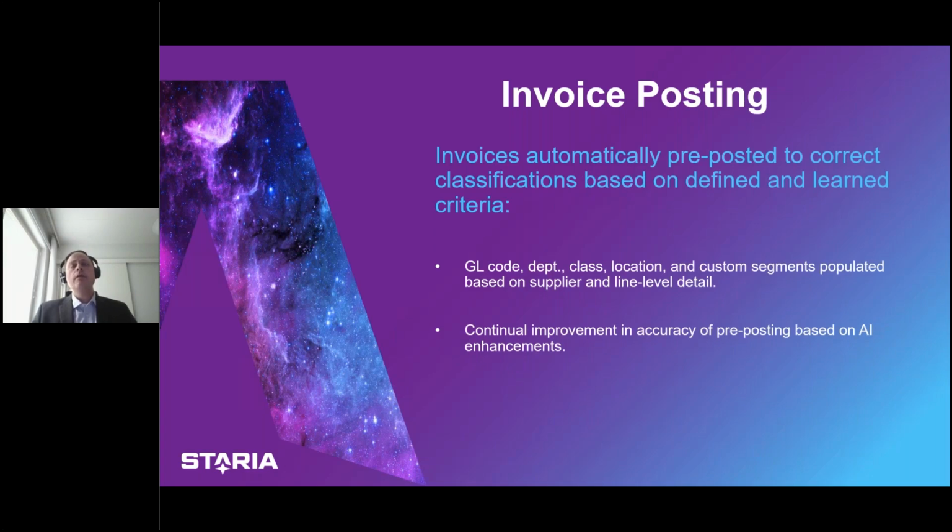And continual improvements will increase the accuracy of pre-posting based on these AI enhancements in the background. So for the posting part, there should be an automatic way of doing pre-posting as a background process.